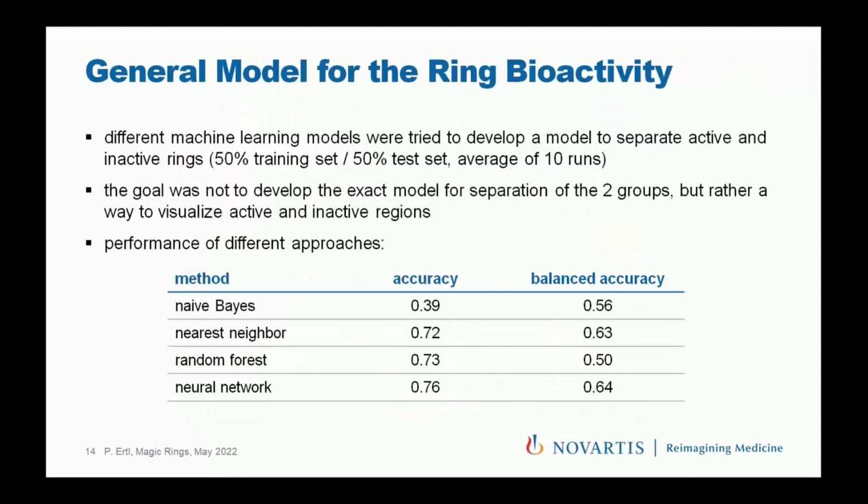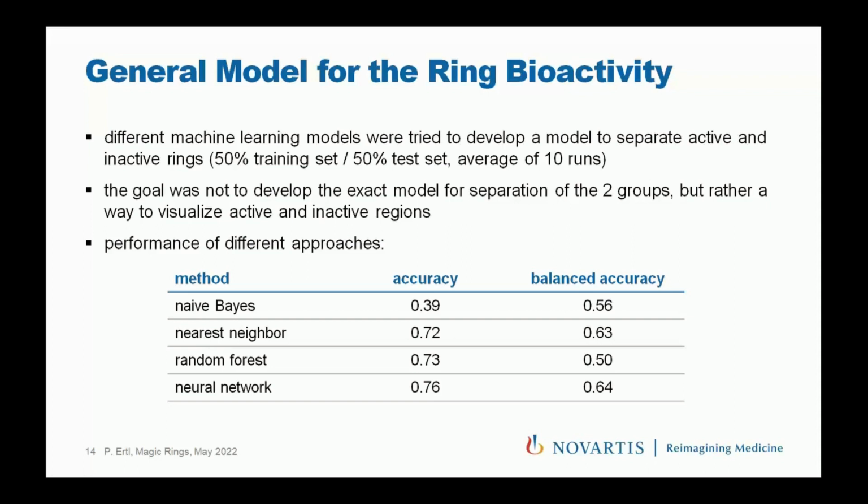Another thing I tried, because this was mostly for visualization of the global distribution of this activity in chemical space, was whether I can find some machine learning model that would classify these rings between active and inactive. I tried 4 different machine learning models, simply taking the standard implementation from scikit-learn.